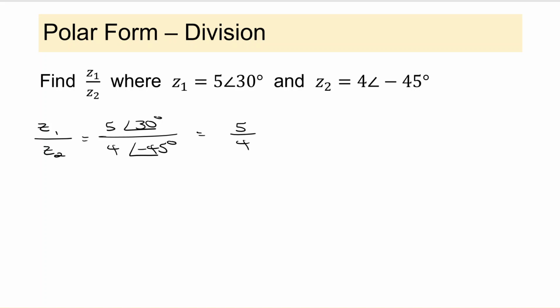We're dividing the magnitudes, and then we're subtracting the angles. So 30 degrees minus negative 45 degrees gives us 1.25. That's 5 over 4 is 1.25. And then the resulting angle is going to be 30 plus 45, or 75 degrees. So pretty straightforward.